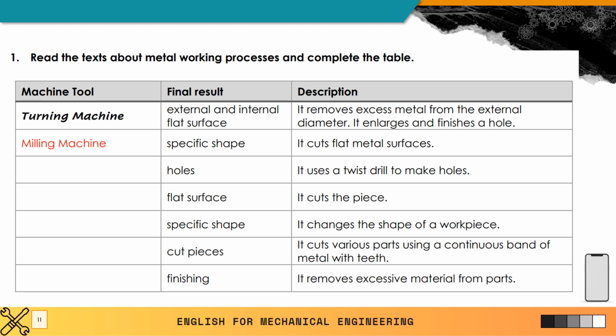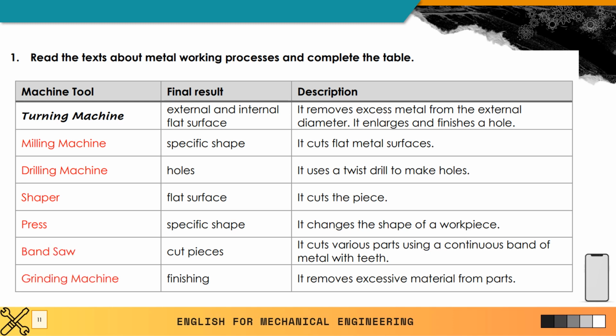Milling machine, the final result is a specific shape and it cuts flat metal surfaces. Drilling machine, the final result holes. Flat surface is the final result of the shaper and it is achieved by cutting pieces. Press, specific shape, changes the shape of a workpiece.